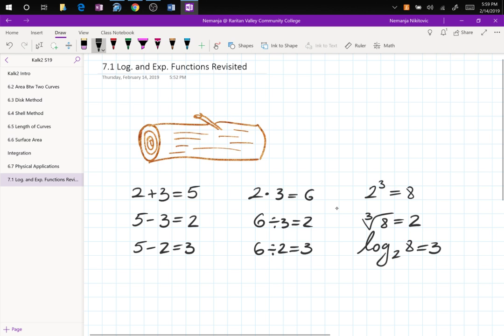So they're all on a pile of mathematical operations that you can perform between 2 numbers to obtain a third number. So log is just another operation that happens in between 2 numbers to produce a third number in the pile. And we see which way it fits in this grand scheme of things.